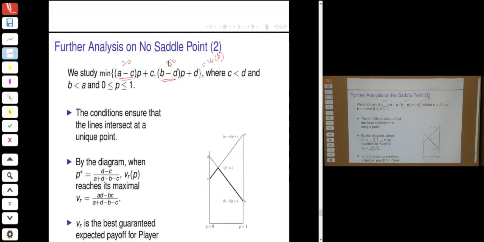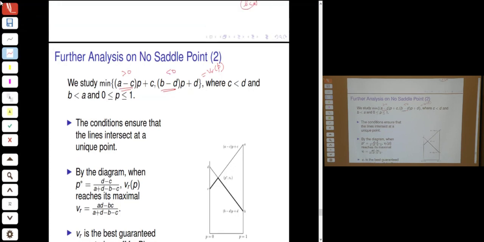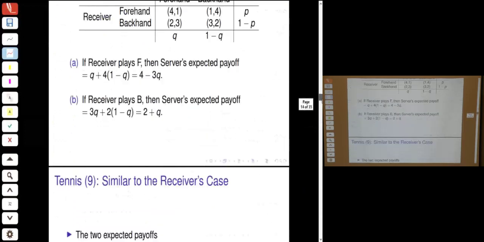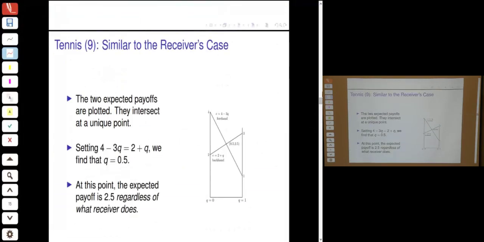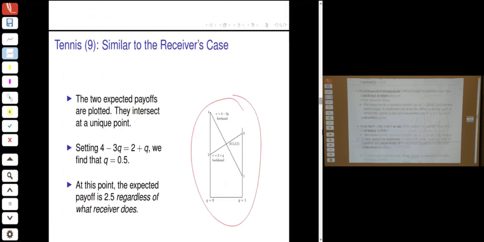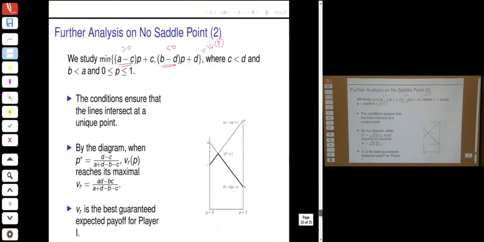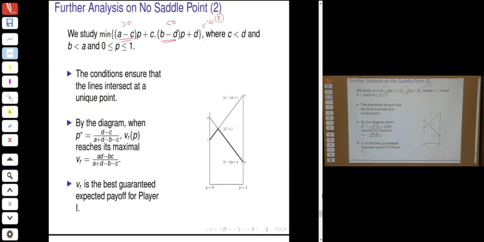So just like we had in the last lecture, we had this kind of a picture for the example using the game of tennis. We have a repetition of the similar kind of scenario here in the general setting.